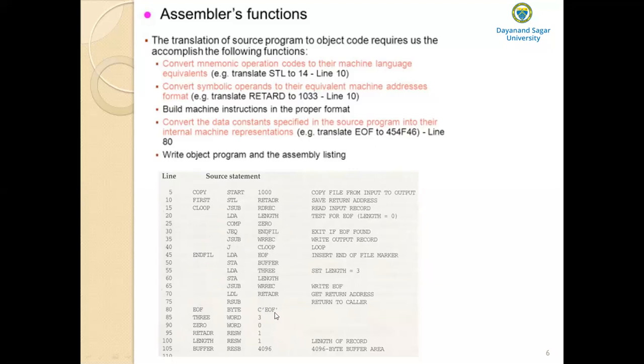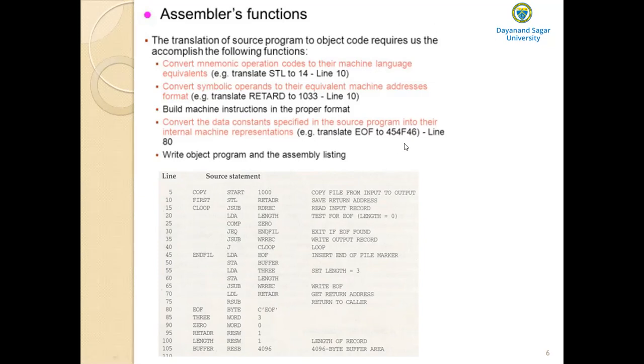How many bytes is the constant? A 3-byte constant, EOF. So you have to convert this data constant into its internal machine representation. The internal machine representation: this EOF is a character constant, so how is it represented in the machine internally?